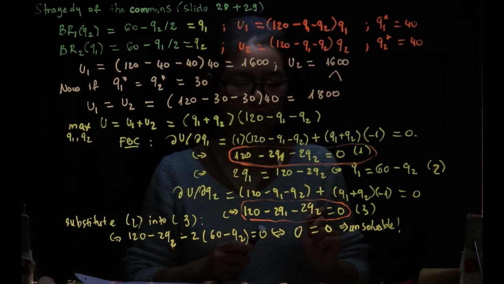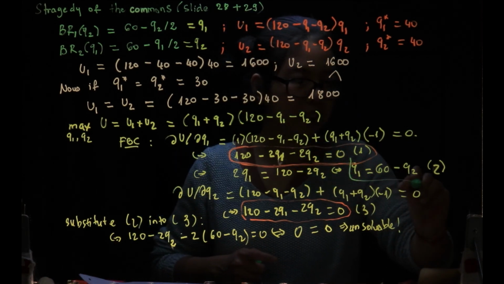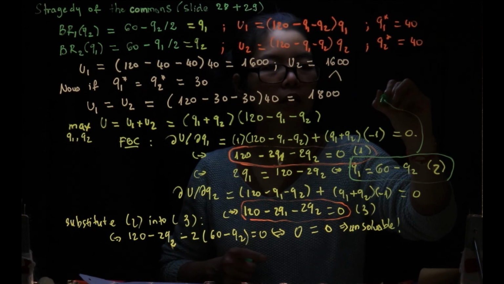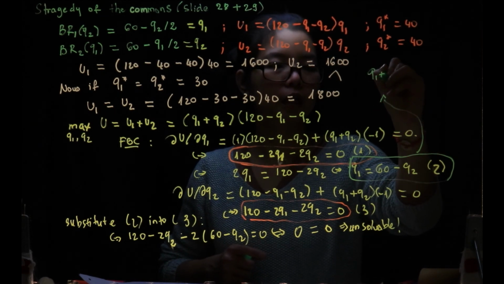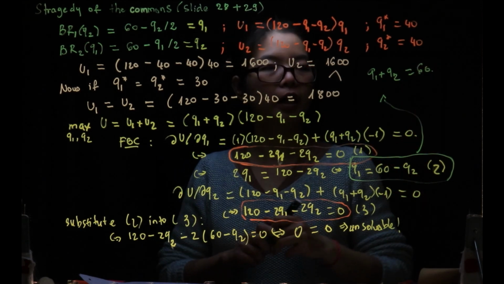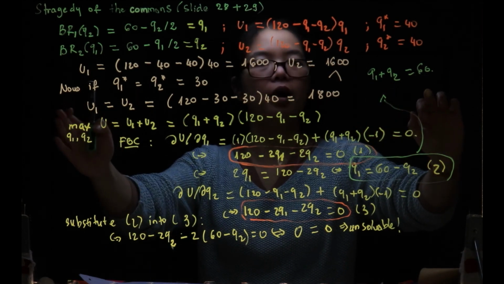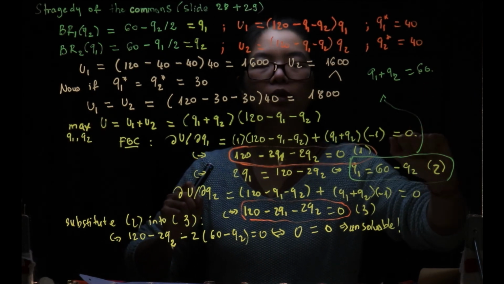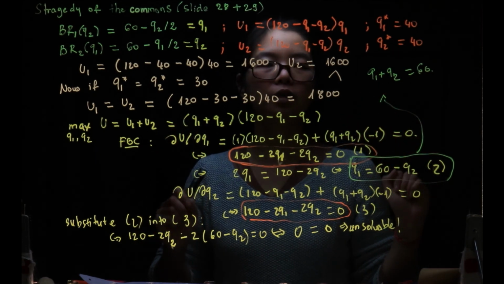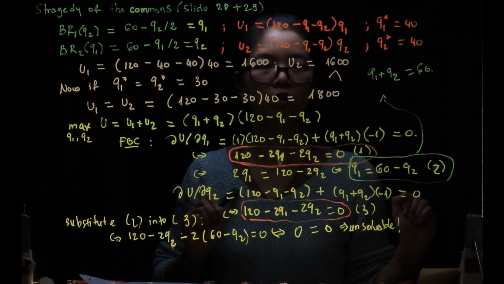However, from the equation here, we could write Q1 plus Q2 equals 60. So you know that as long as the total number of ships is 60, then the joint payoff will be maximized. That's what's set by this first order condition. But it's impossible to determine further how many ships each herder should have within this 60 ships.